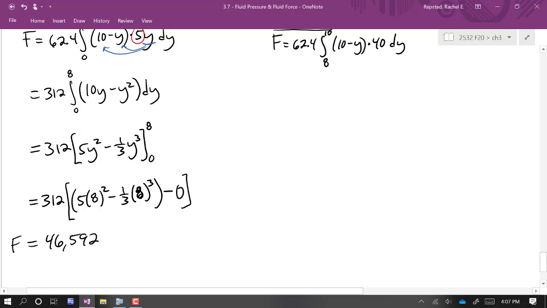This will be pounds. I'll call this F1, since it's for the region 1.